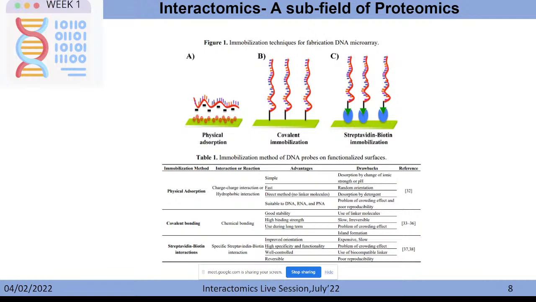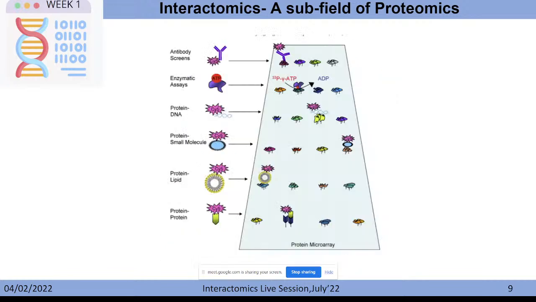So all these immobilization techniques, or techniques to identify interactions, have their own merits as well as demerits, and we have to trade off somewhere and choose the ones where we can go through it and identify. Now with that we have come to the protein microarray.